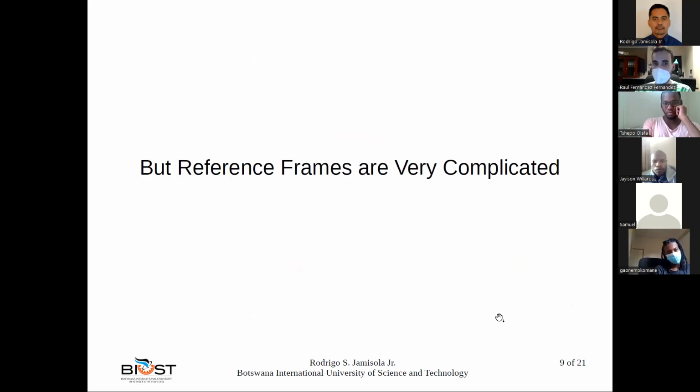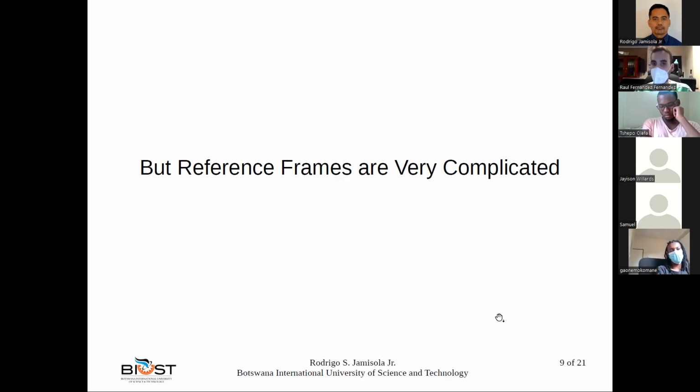So yes, we get to the point of this lesson. All of this, as you can see here, makes controlling a robot a complicated problem. We have to deal with a lot of transformations, a lot of rotations, a lot of reference points, reference frames, a lot of transformations.